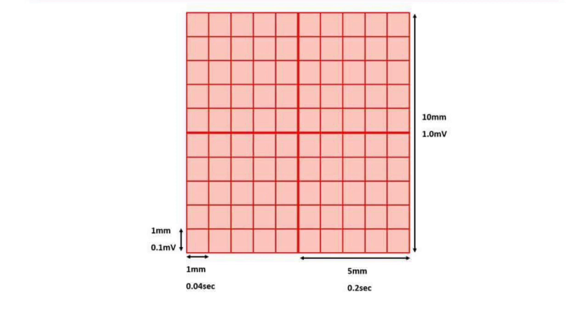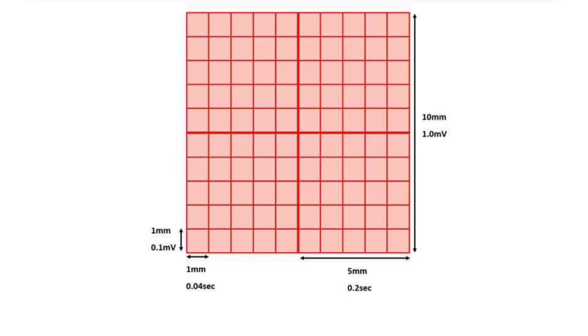Okay, so each small square represents 0.04 seconds in time, i.e. horizontally it is 0.04 seconds, and vertically it represents 0.1 millivolt of electricity.